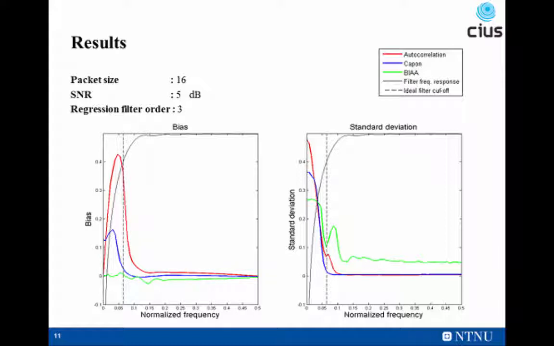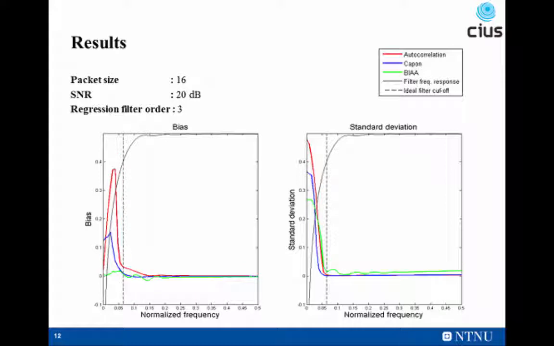And still for this low SNR, BIA has a higher standard deviation than the two other methods. When we increase the SNR to 20 dB, there is not a big difference in standard deviation or in the bias for all the cases.